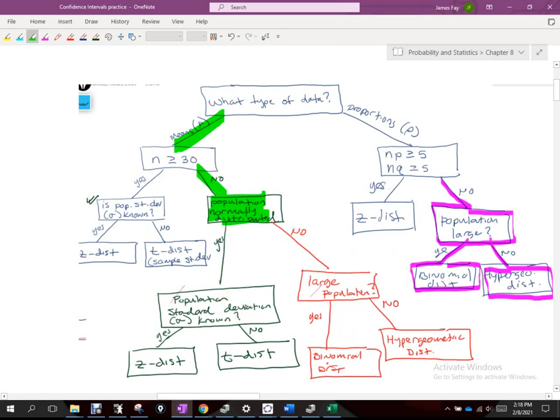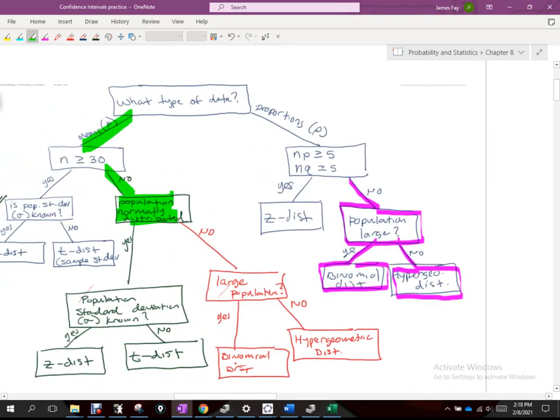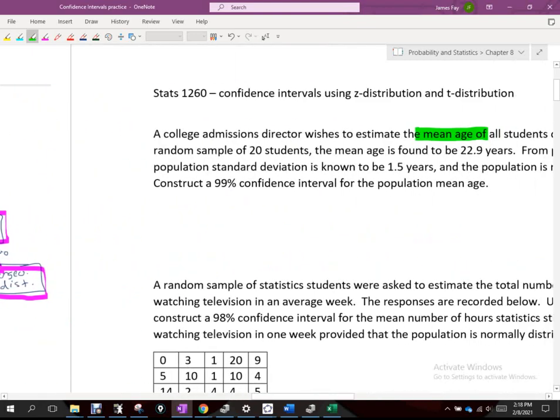The reason if it's bigger than 30 is that the central limit theorem kicks in, and then we could just say that the sample means are going to be normally distributed as well. If it's less than 30, that doesn't kick in unless the population is normally distributed.